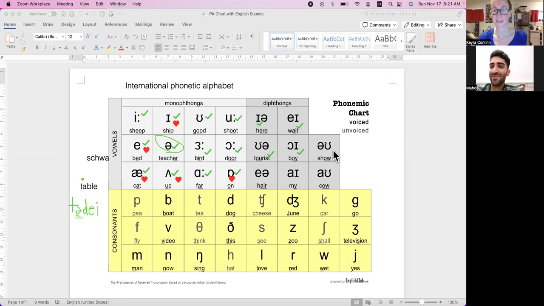Then we have the long O sound. O makes a circle. Oh. Looks like the shape. Then air. Air, air. Then the long I sound.